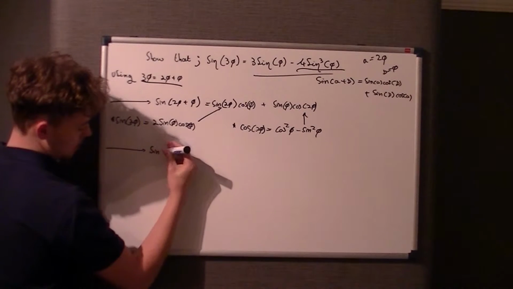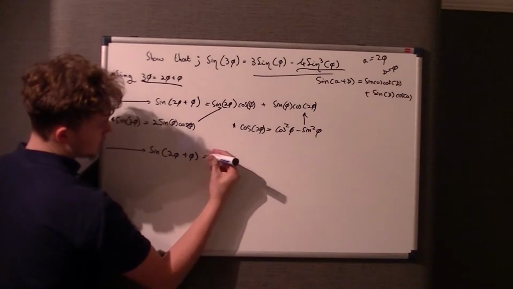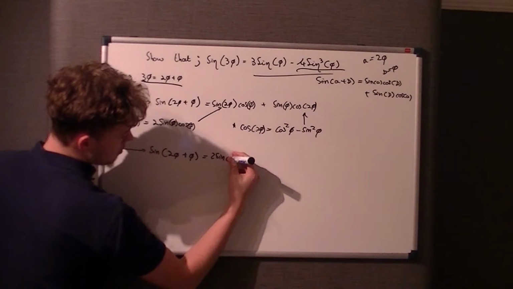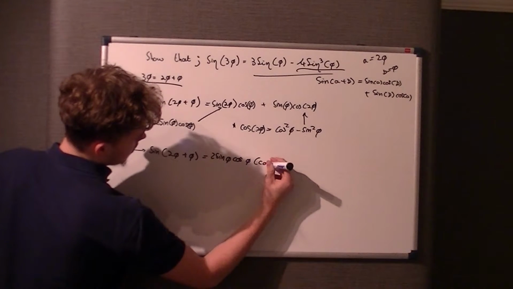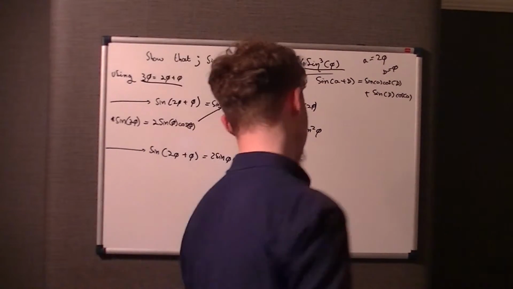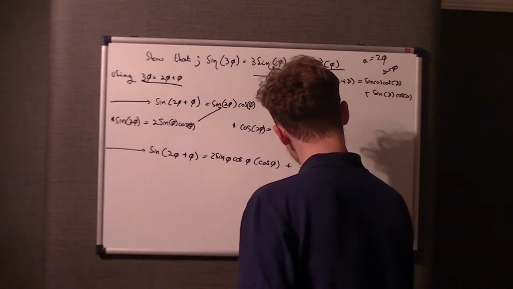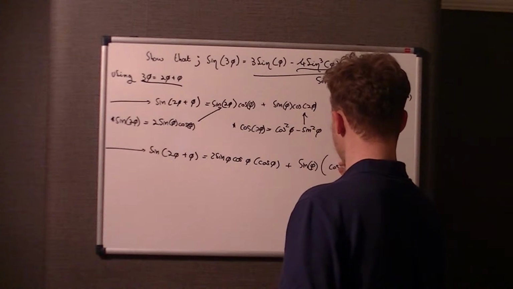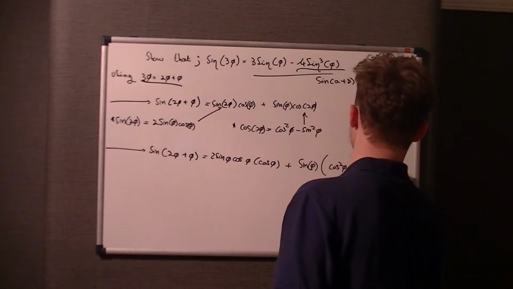So continue this on. Sine of 2 theta plus theta is equal to 2 sine theta cos theta times cos theta, and we'll add sine theta times cos 2 theta, so sine theta times cos squared theta take sine squared theta.